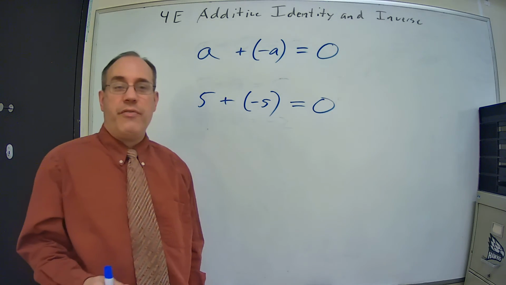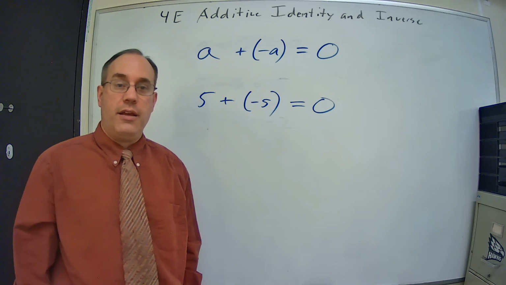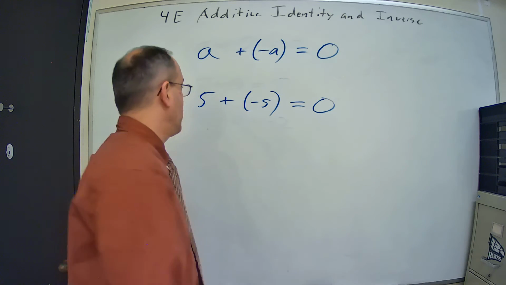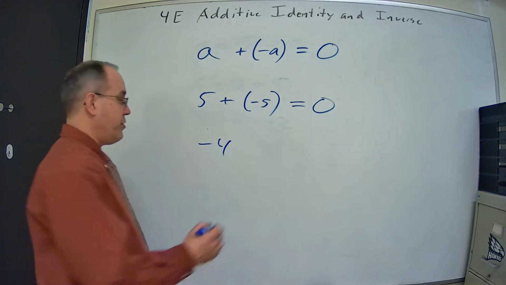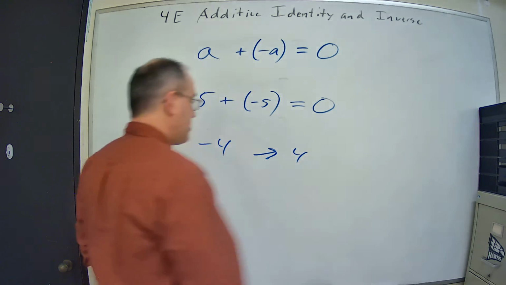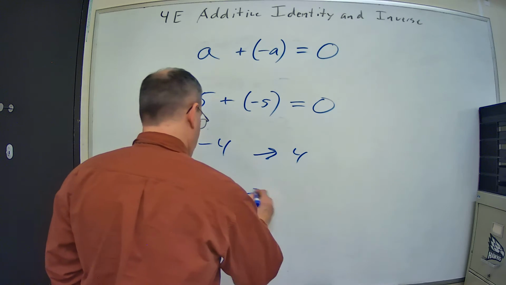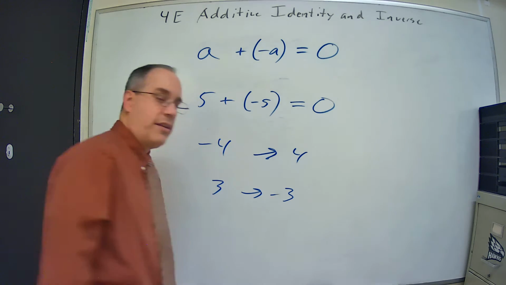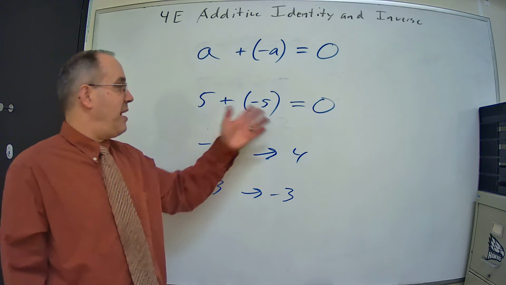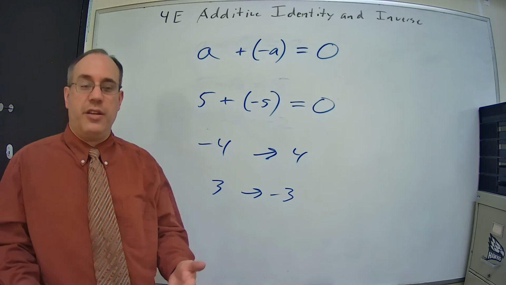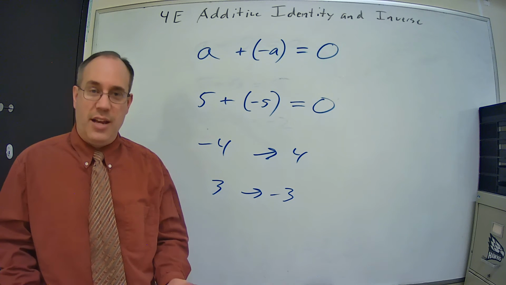So to get the additive inverse of any number, just negate it. Change the sign. -4, the additive inverse is +4. +3, the additive inverse is -3. So it's that straightforward: the additive inverse is just the negation of the original number, or change the sign.